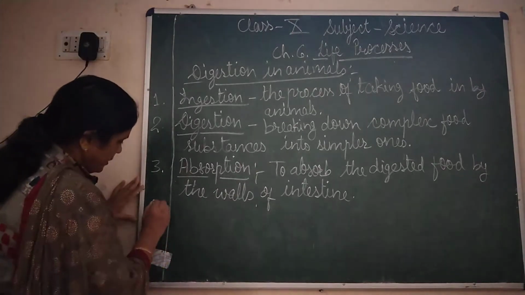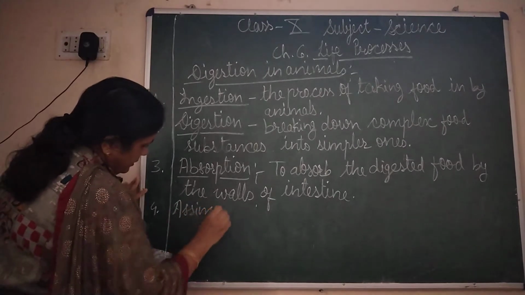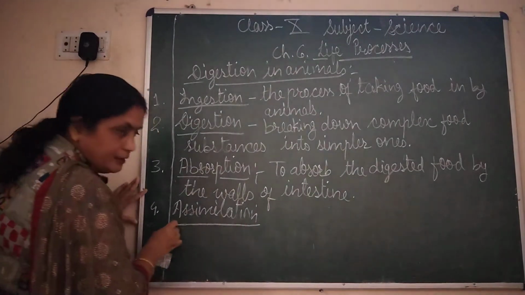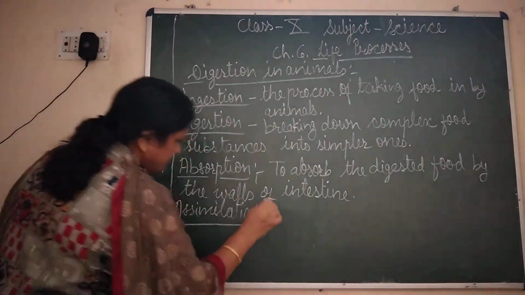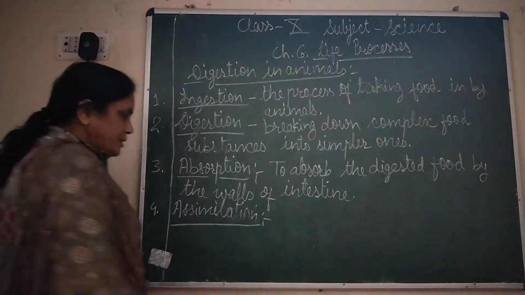And this process of circulating or distributing the digested food to each and every cell is known as assimilation. So, what is assimilation?